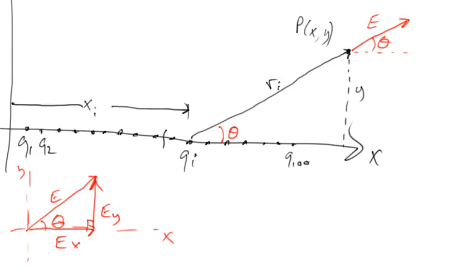It's the same for all of them. The x coordinate of the point in space is the same. It's the same distance from the origin for all of them, but how far along the x-axis point P is away from the particle in question depends on which particle is in question, which particle we're talking about.